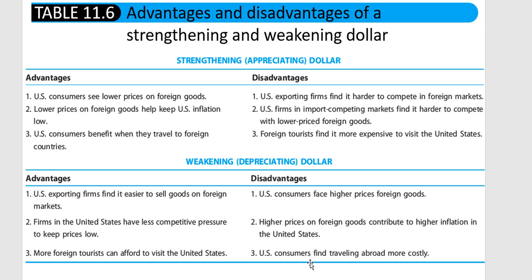And the US citizens are going to find it more costly to travel abroad. So table 11.6 briefly summarizes the advantage and disadvantage of having a strong or weakening dollar. And as you can see, there are trade-offs. There will be winners and losers in each one of the scenarios.